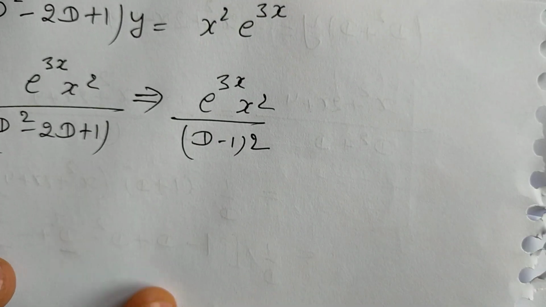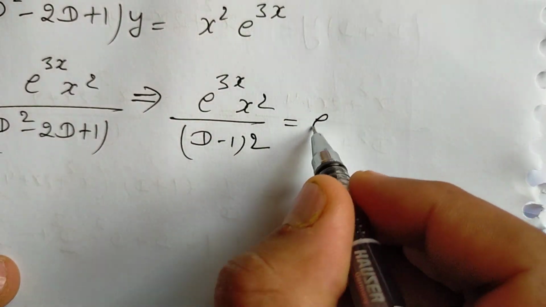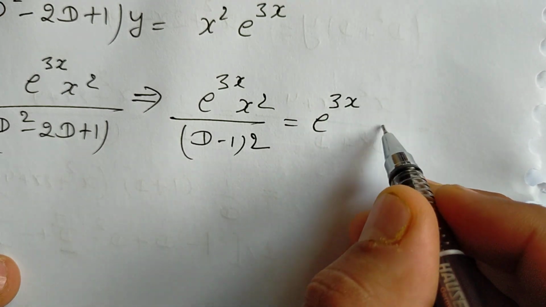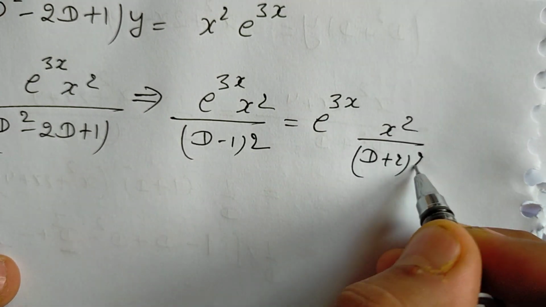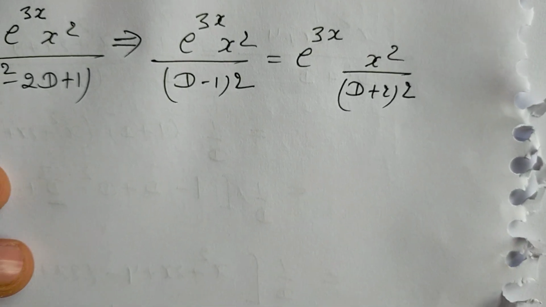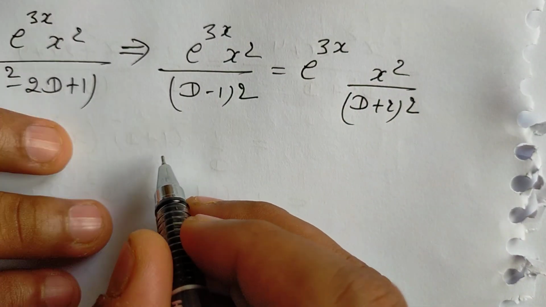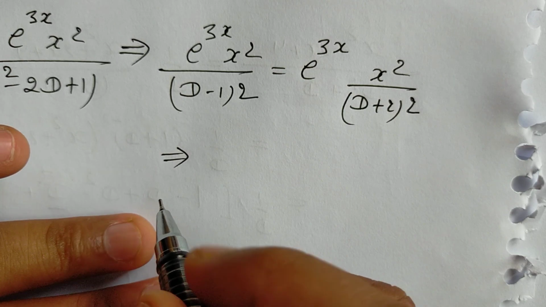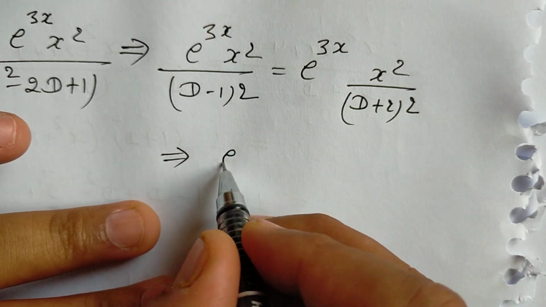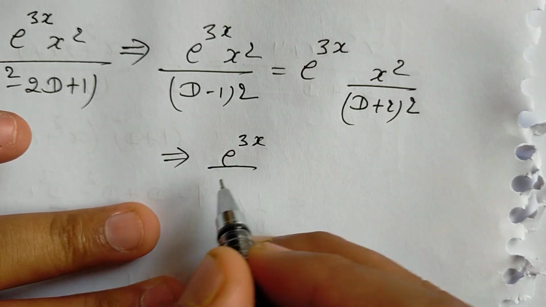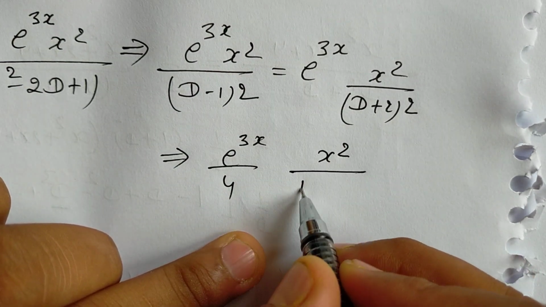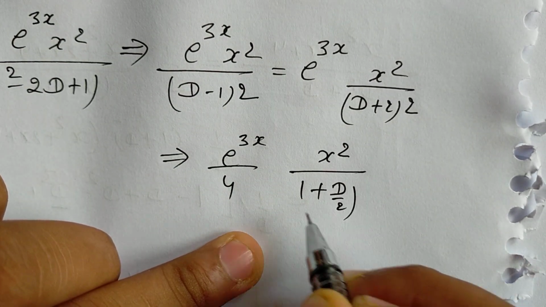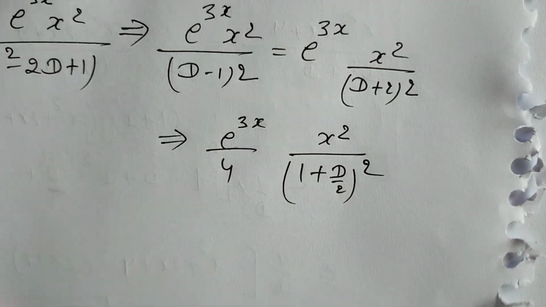Now D is replaced by D plus 3, so we get e power 3x times x square by D plus 2 whole square. Now for the binomial expression of 1 plus x form, we take 2 common, so we get e power 3x by 4 and x square by 1 plus D by 2 power 2.